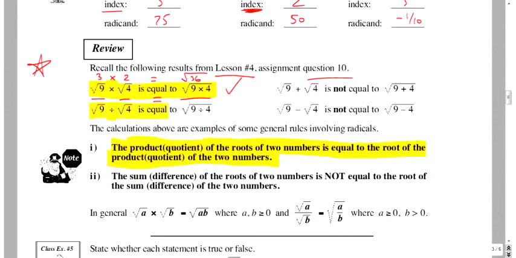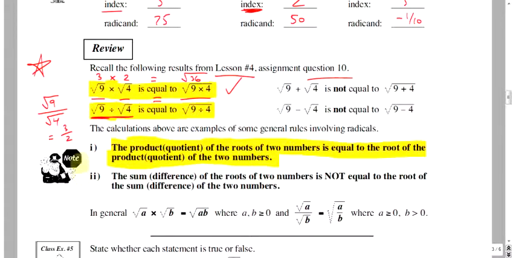Same thing if we're dividing. I'm going to write this a different way because I don't want to write divided by like that. Root 9 divided by root 4, that's the same as this, right? What is this? This is 3 over 2, which is also known as 1.5.